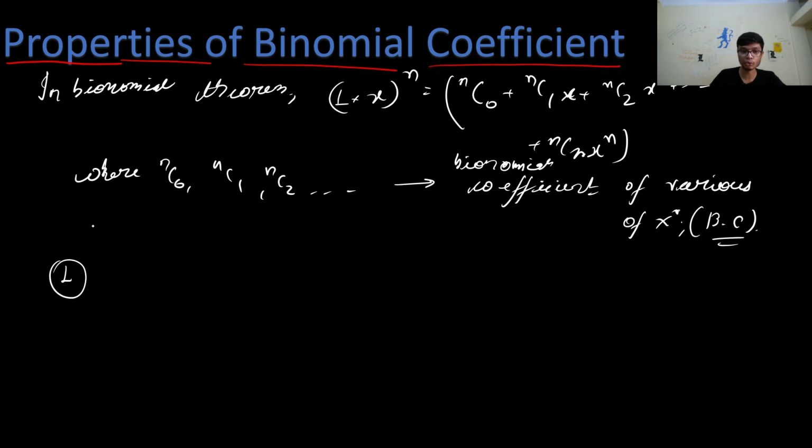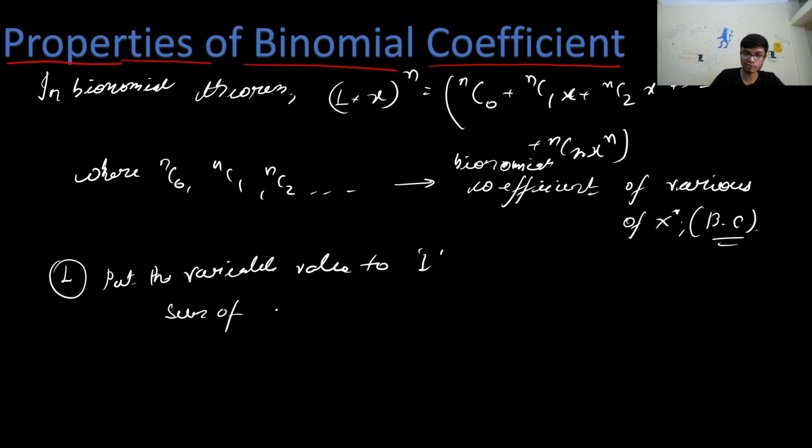So the step you basically need to do is to put the variables, okay, put the variable values equal to 1. If you put the variable value equal to 1, you will get the sum of all coefficients, or I mean to say the sum of all binomial coefficients. The sum of all binomial coefficients in any binomial expansion is basically obtained by putting the variable term equal to 1.